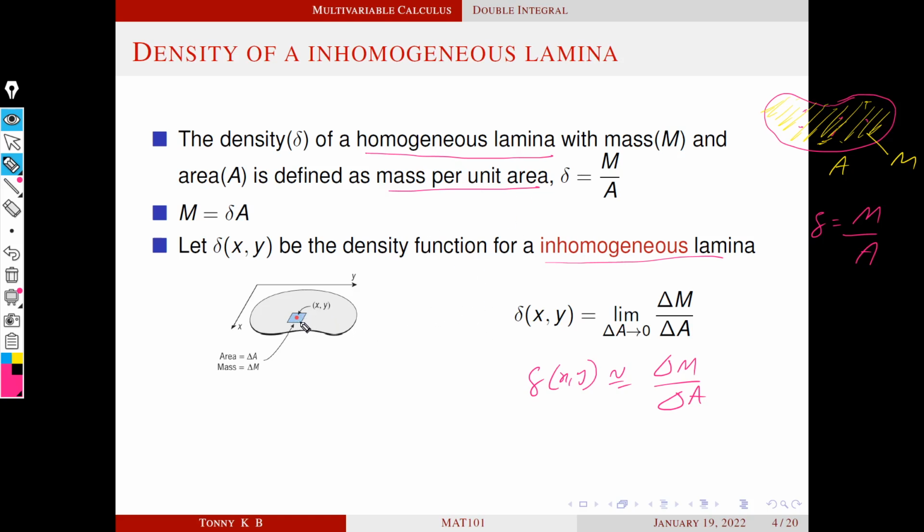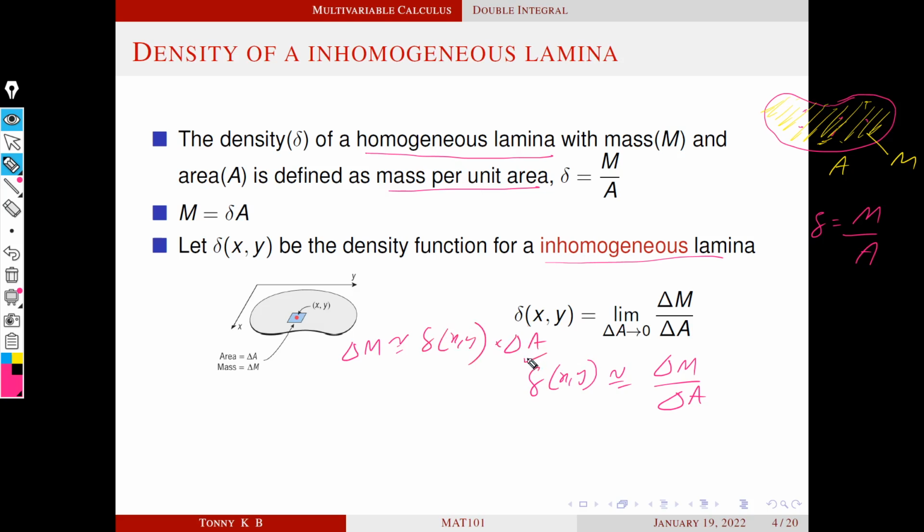Conversely, suppose we have a small rectangular piece containing a point (x,y), and suppose the density at this point is known, that is, the density function is known. Then we can approximate delta m, the mass of this small rectangular piece containing (x,y), using this formula: delta(x,y) into delta a.